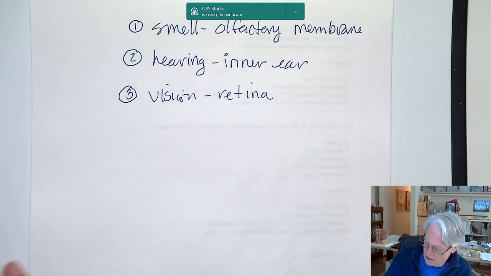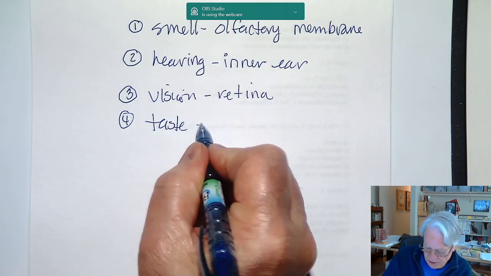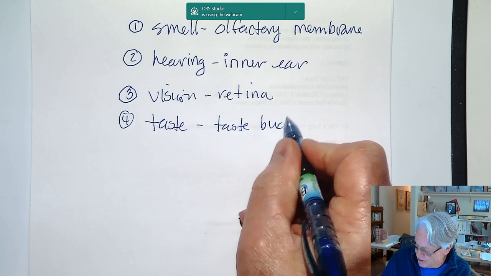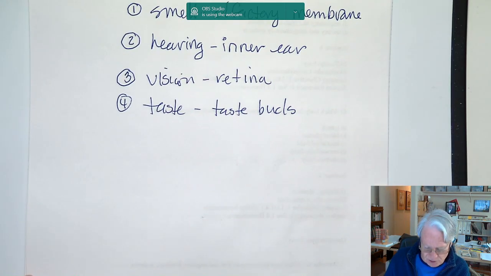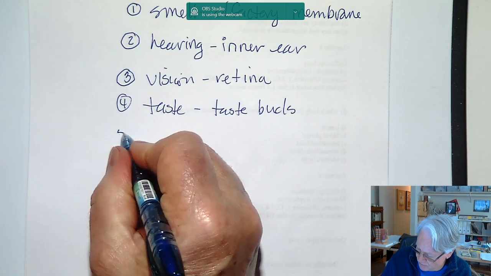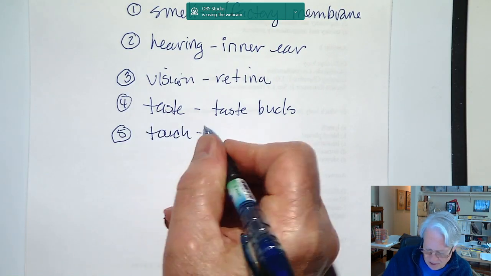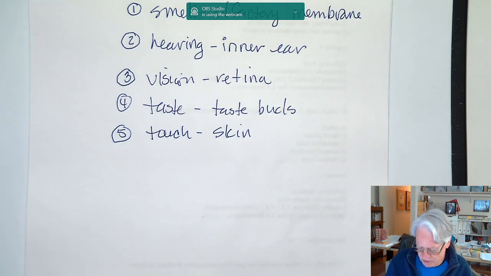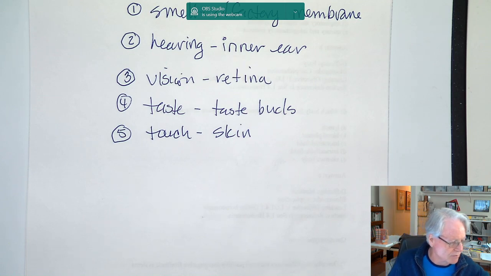Okay. We also can talk about taste buds. And taste buds are located on the tongue, combination again of epithelial tissue and nervous tissue. And just to finish off our list, we can look at things like touch. Once again, here we're talking about, of course, the skin, which is epithelial tissue and nerves.